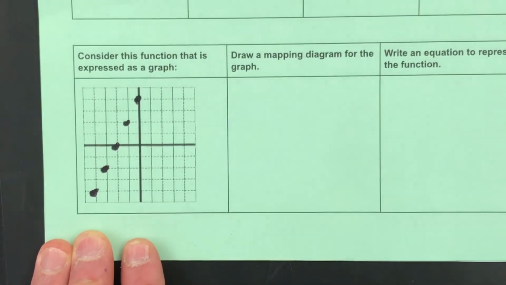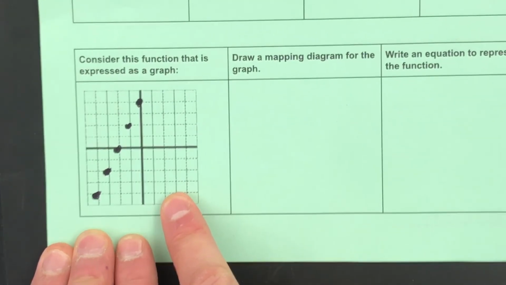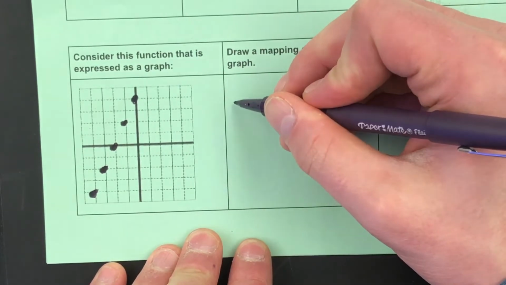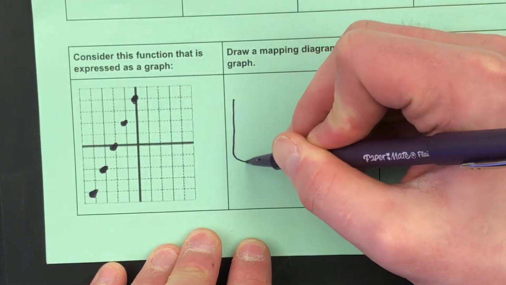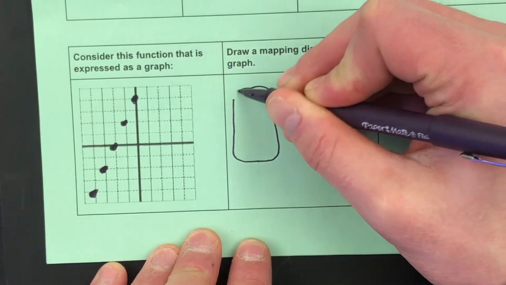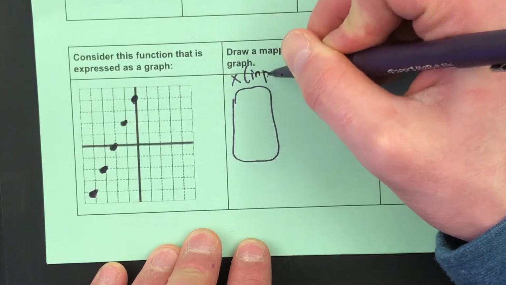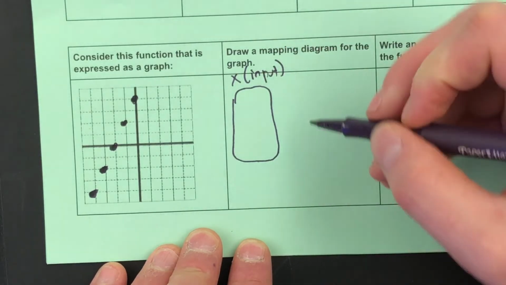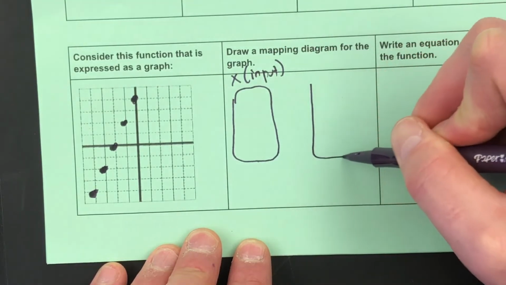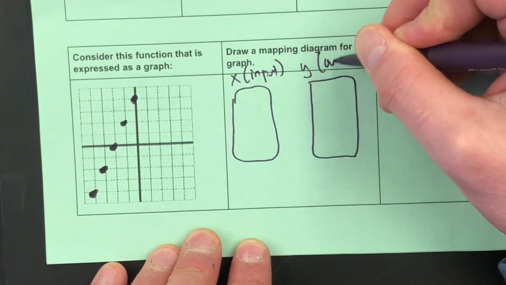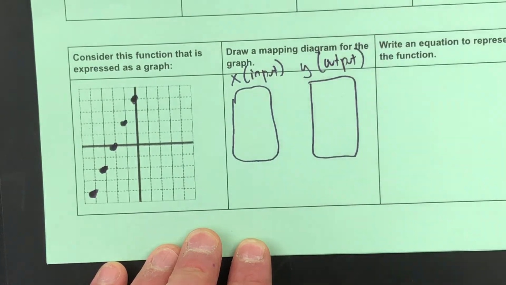So this is a function represented as a graph, but we can also represent it as a mapping diagram just by remembering that the inputs are my x values. So I'm going to put x, maybe in quotes I'll put input, and the outputs are my y values. So I have y values and output.